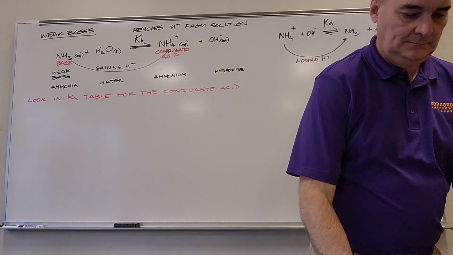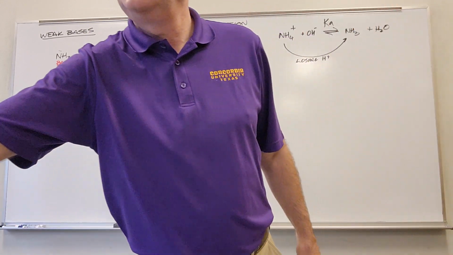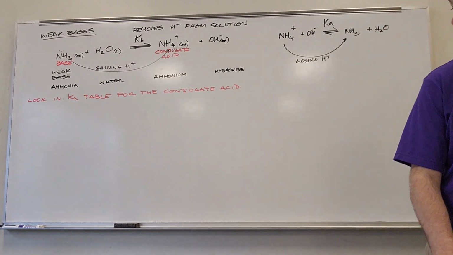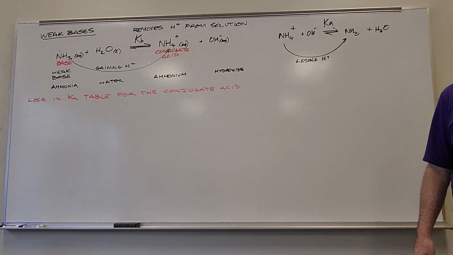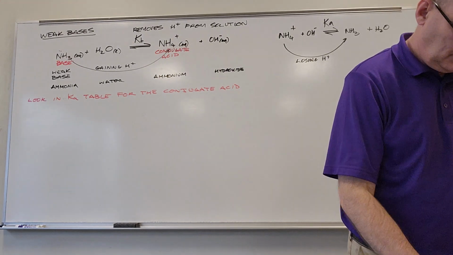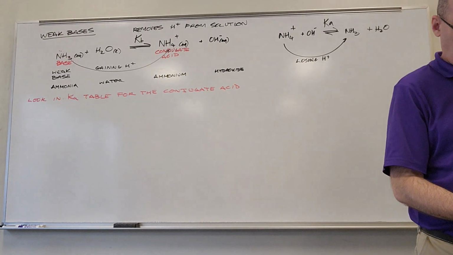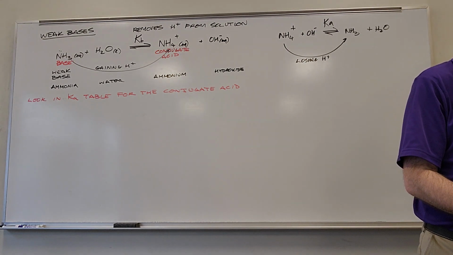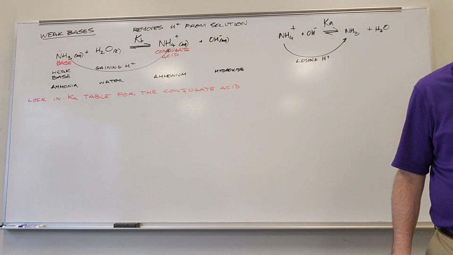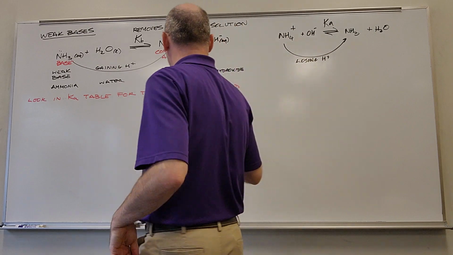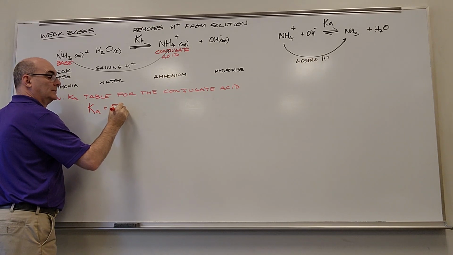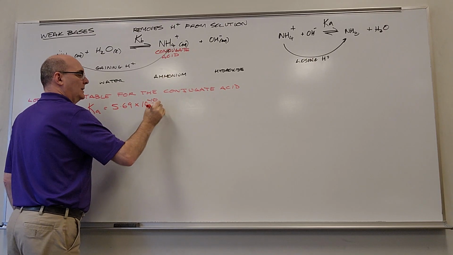It's Appendix G. Ka of ammonium is 5.69 times 10 to the negative 10.